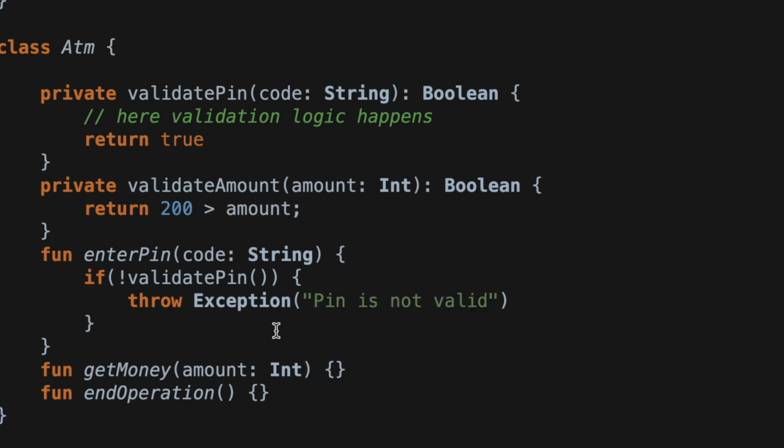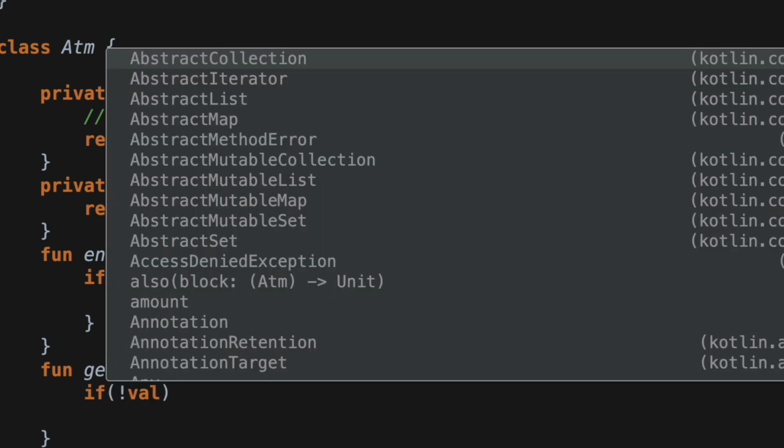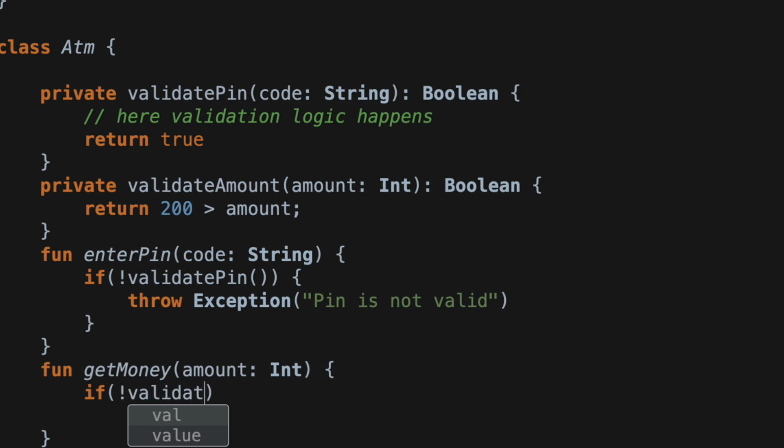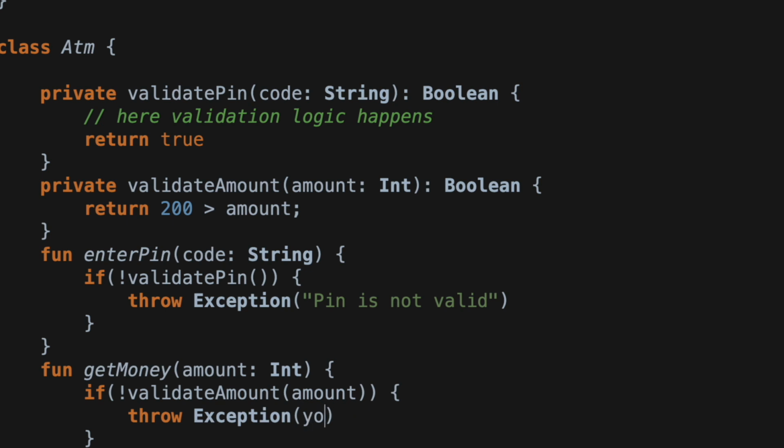If it's more, then we can also do here, if validate amount, so the amount is not valid, we throw an exception, sorry, it's a string, that you don't have enough money.